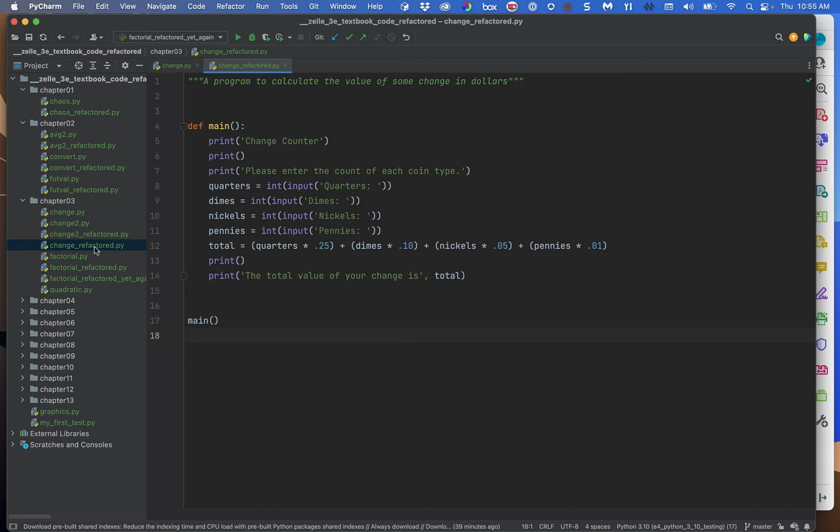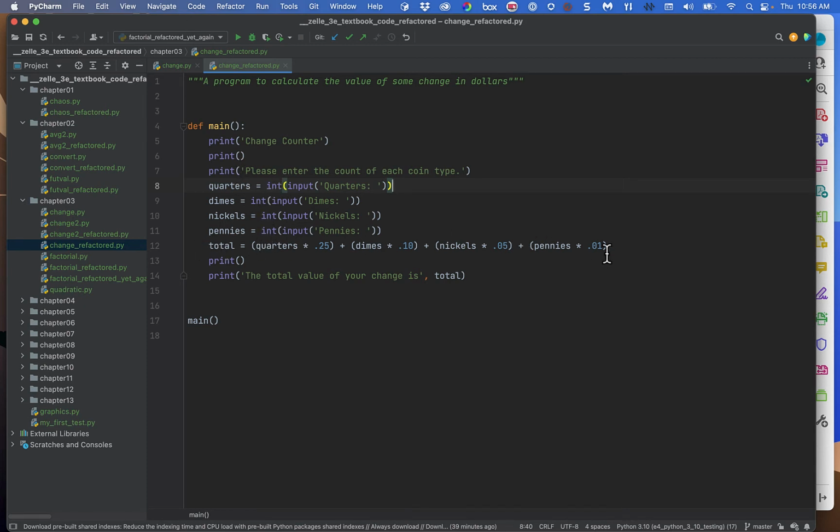Okay, so let's look at this. First of all, I've given you a proper docstring. Second, we're prompting the user for the counts of quarters and dimes and nickels and pennies, but we're calling int because that's a secure way to take a number value typed at the console and turn it into its internal int type.